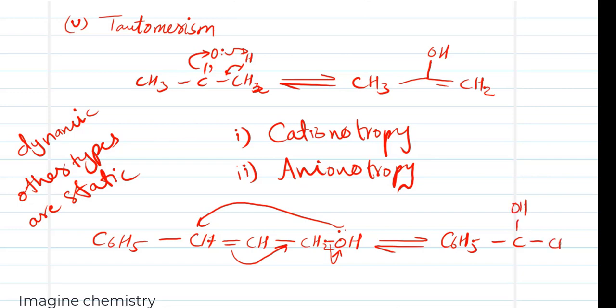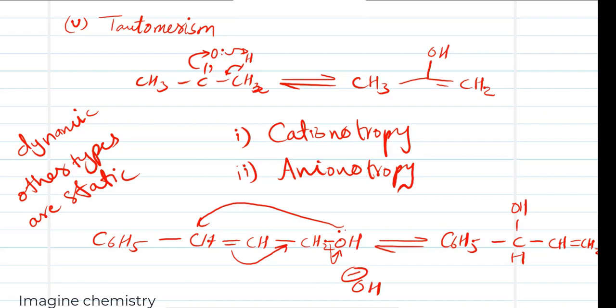In this case, if you observe, the moving group is an anion. How is it an anion? Because OH is moving, the hydroxyl group. So we can say hydroxide ion. It has a negative charge on it. So these are the two main types of tautomerism. The first one is cationotropy and the second one is anionotropy.